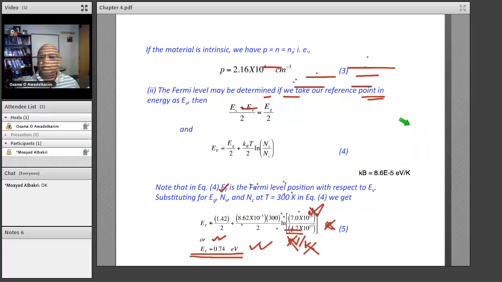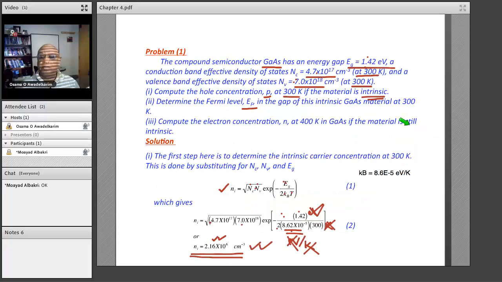And then the next question is, compute the electron concentration N at 400 Kelvin in gallium arsenide if the material is still intrinsic. Now, remember one thing. For a material that's intrinsic, P is equal to N. Each one of them is equal to Ni.